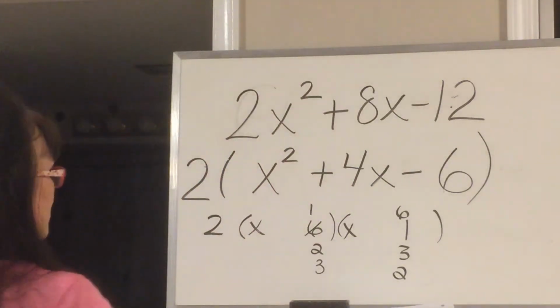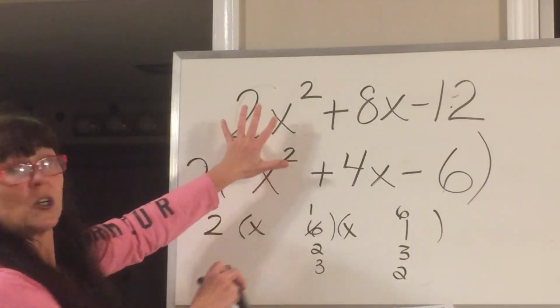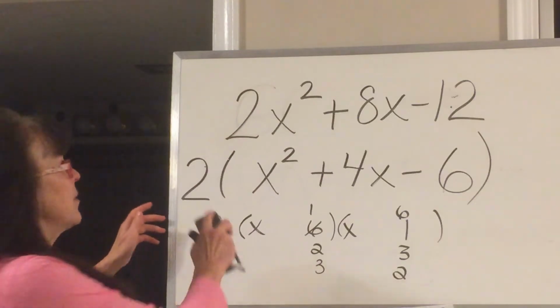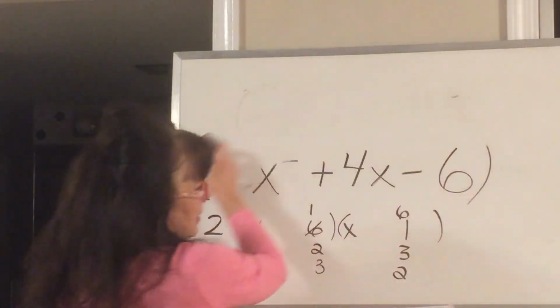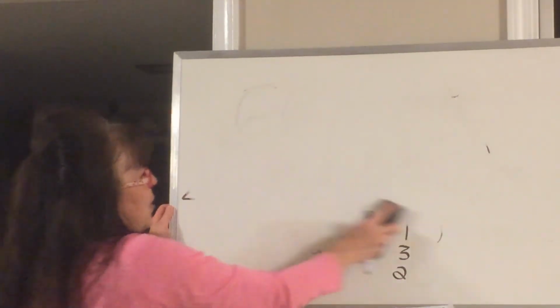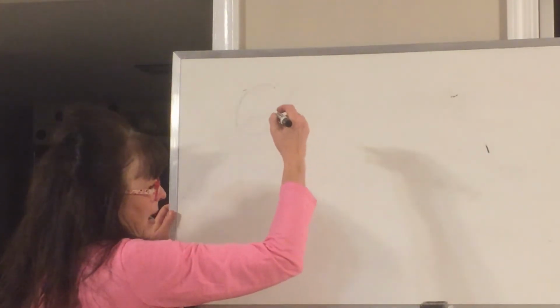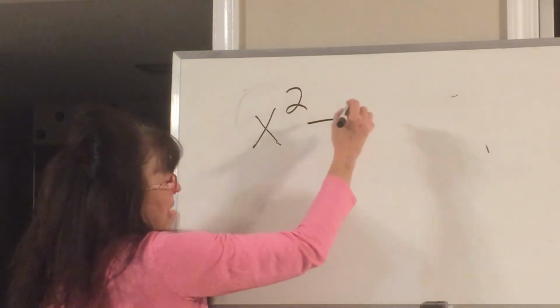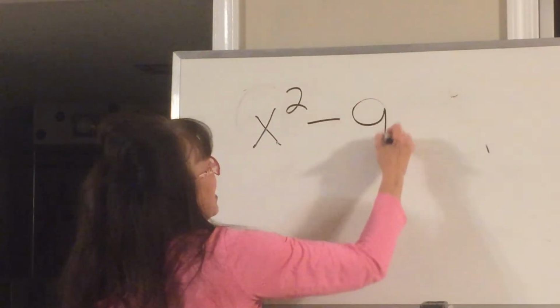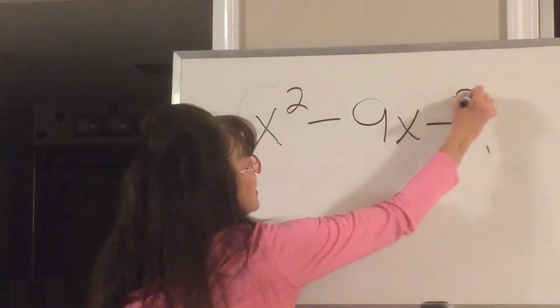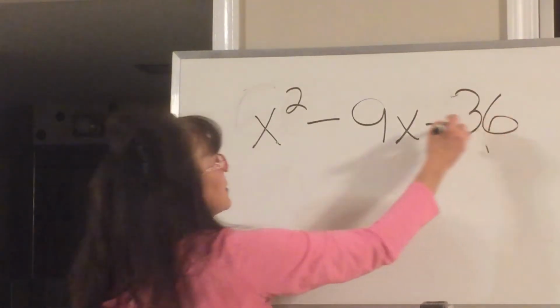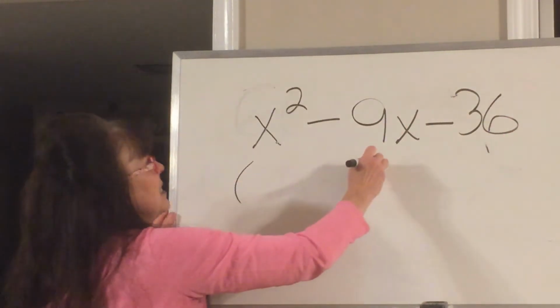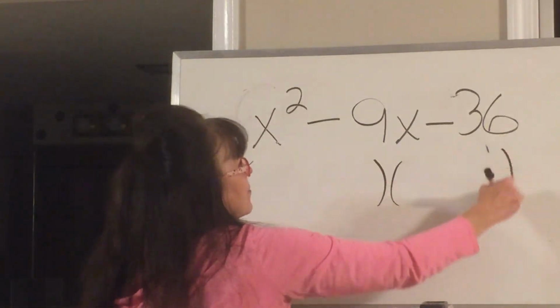All right, example 2 then. So that kind of reviews our GCF. Now, let's review a trinomial one. How about x squared minus 9x minus 36? It doesn't have a GCF.